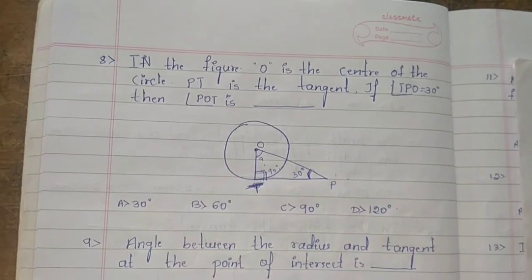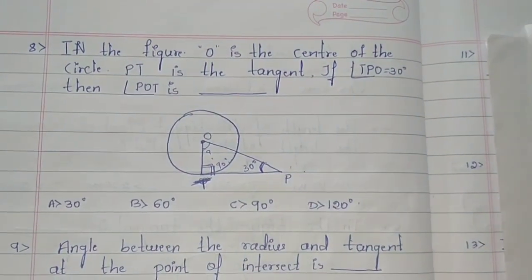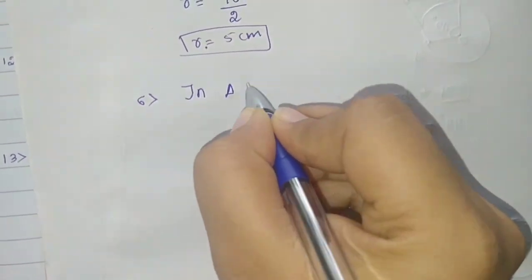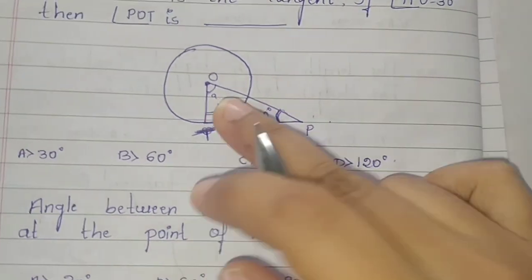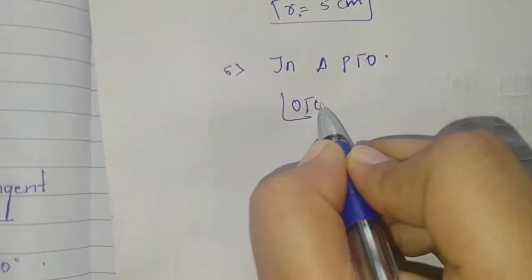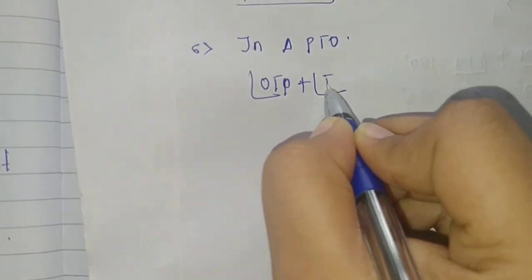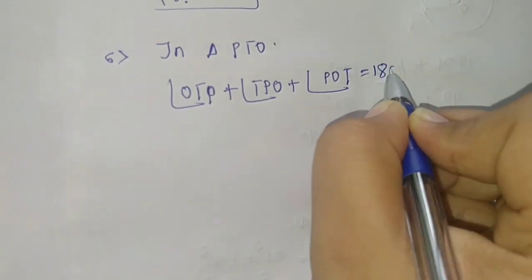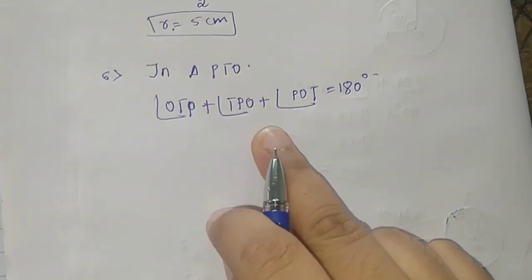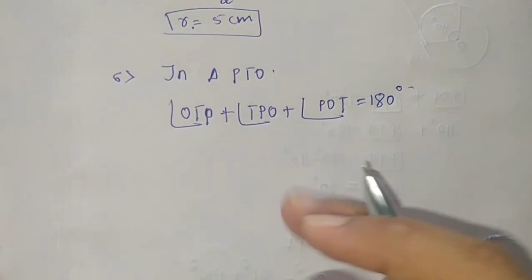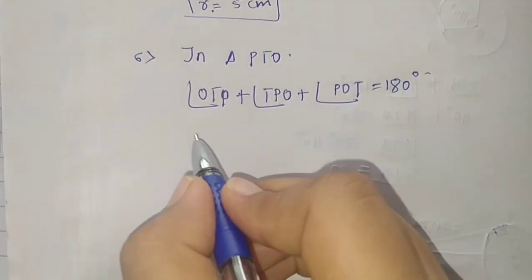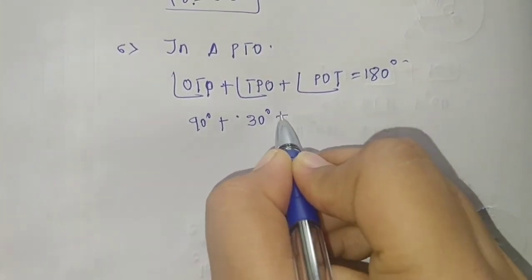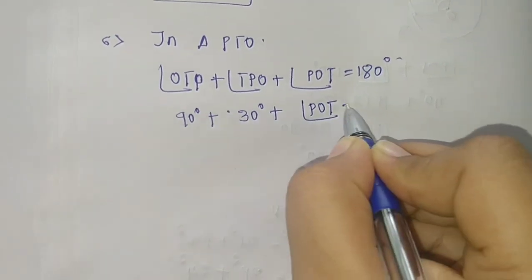In order to find that, you have to consider the triangle PTO. In triangle PTO, angle OTP plus angle TPO plus angle POT will be equal to 180 degree, because this is the angle sum property of a triangle. The value of OTP is 90 degree and the value of TPO is 30 degree, plus angle POT we should find now, right?